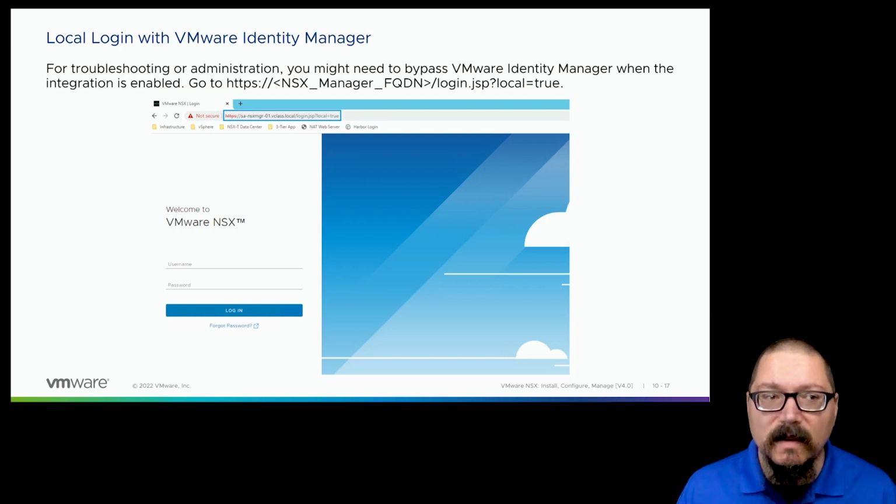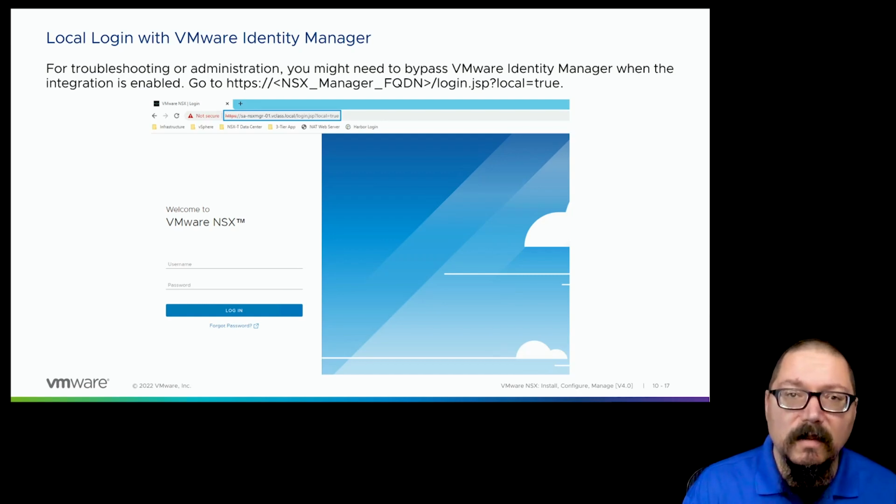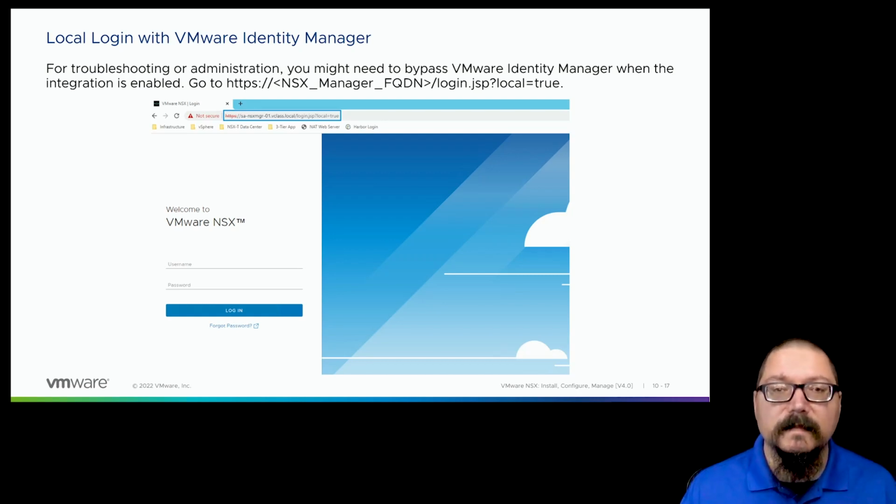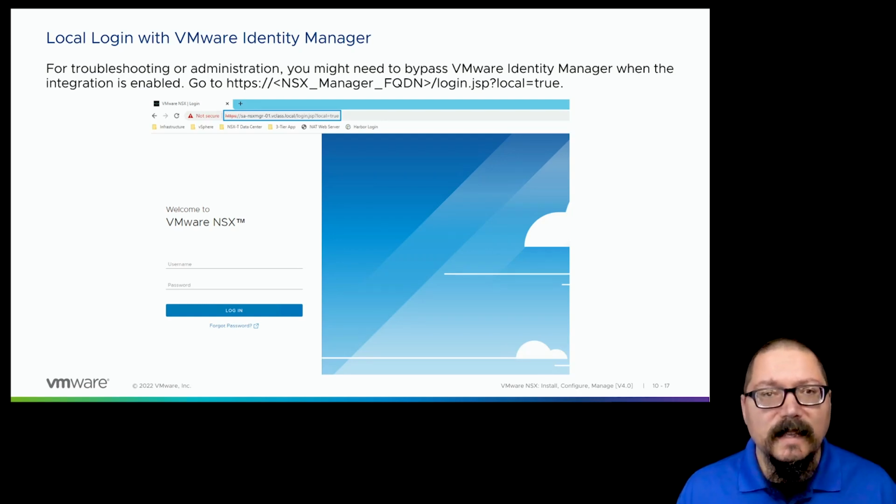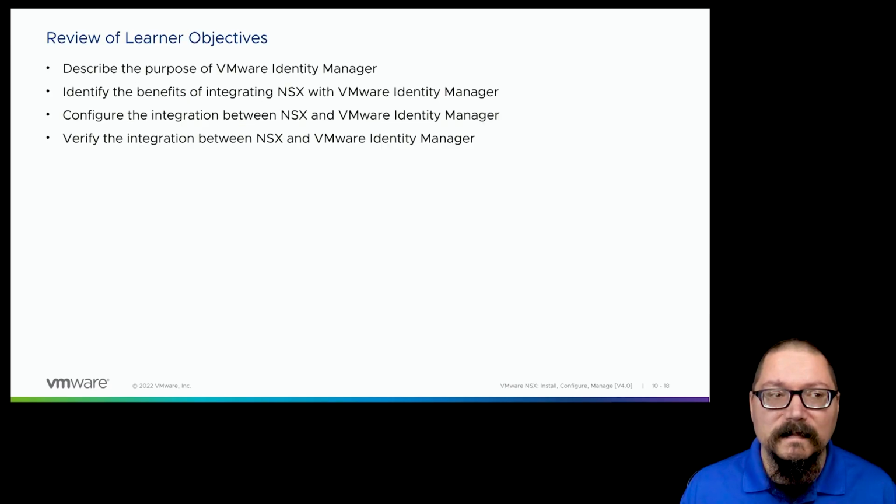So if you look at the URL here, my NSX manager /login.jsp?local=true. That's setting the local variable to true to tell NSX that we want to do a local login here. So that's going to help us in those troubleshooting moments when maybe we need to log in locally instead of using Identity Manager.